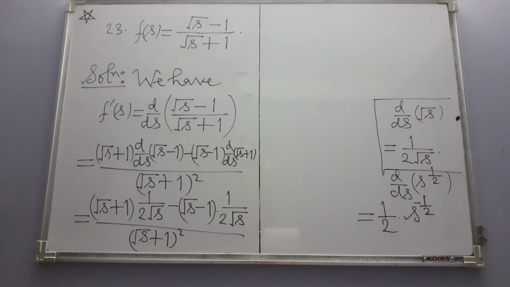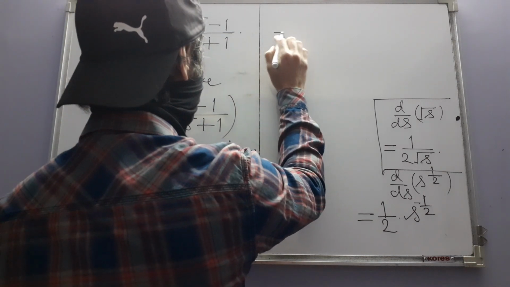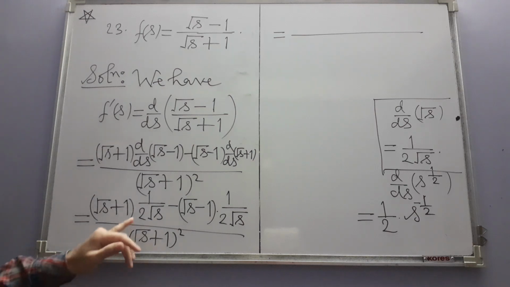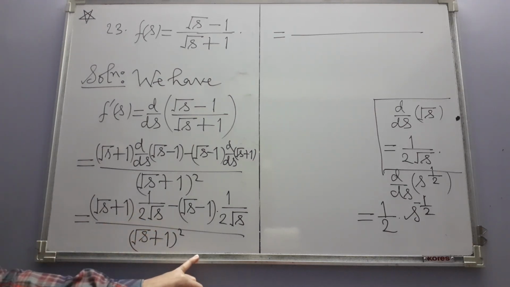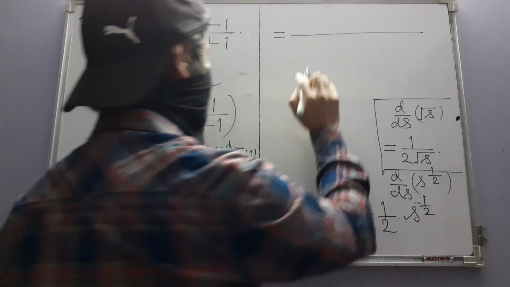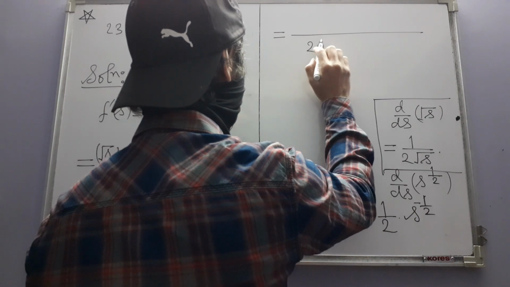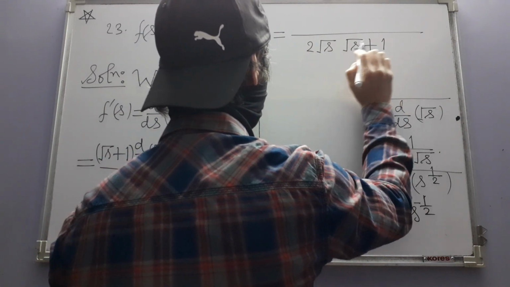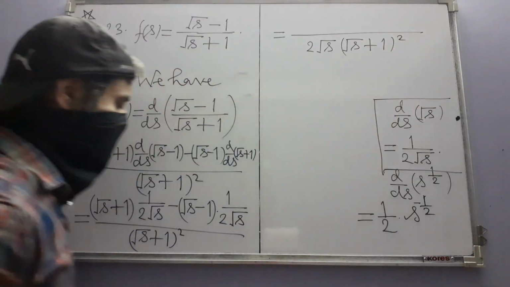Now you just have to do simplification. We can write this 2 root s in the denominator, and the original denominator was already this.